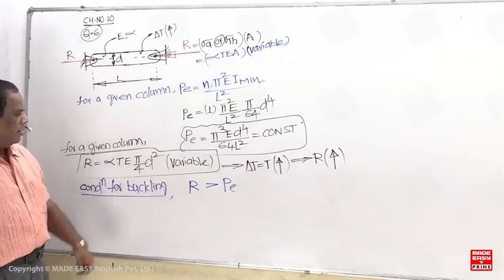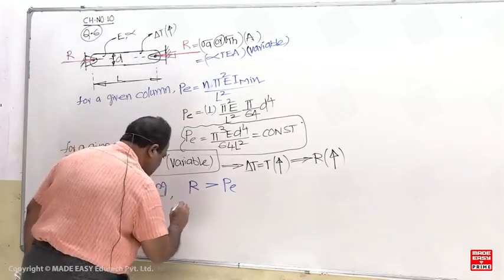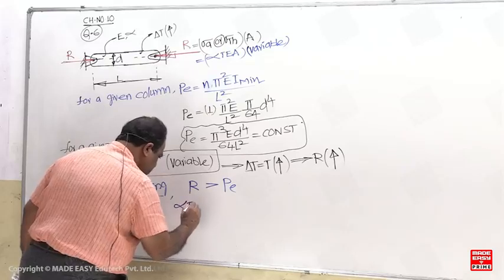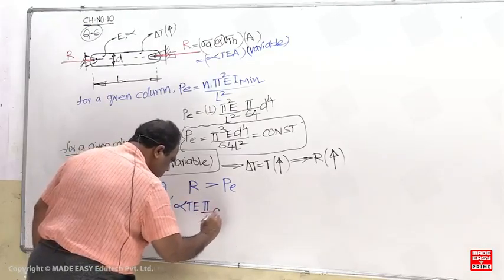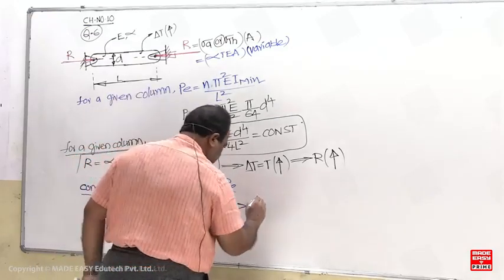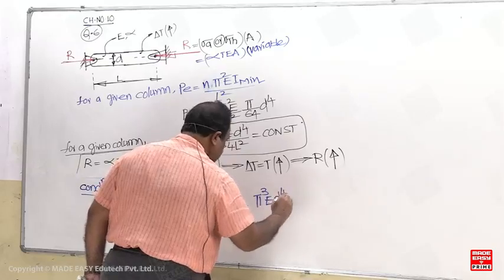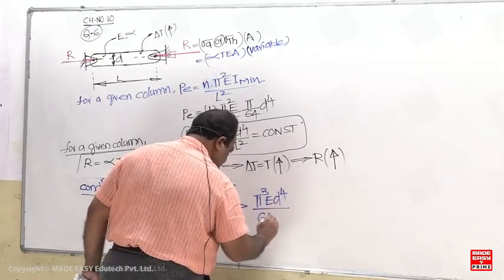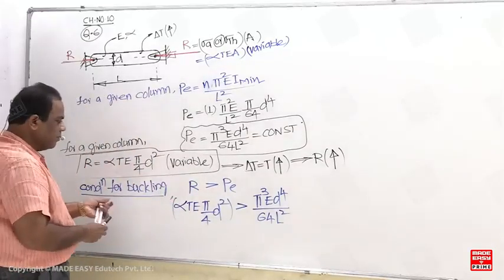Now you can substitute the R expression: alpha into T into pi by 4 D square. And what is the buckling load P E? Pi square E D to the power of 4 by 64 L square. Now you can simplify from this.